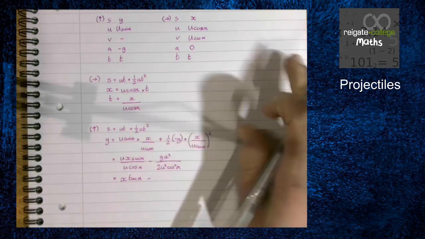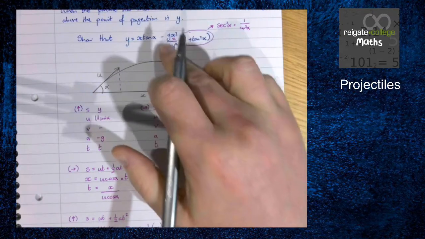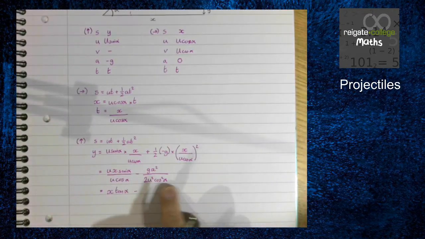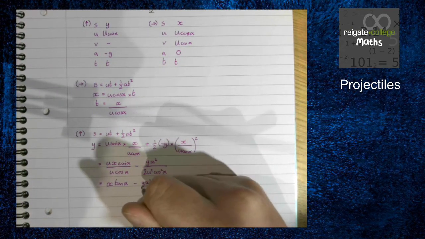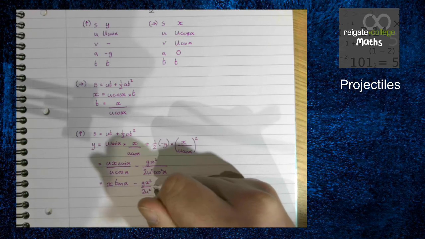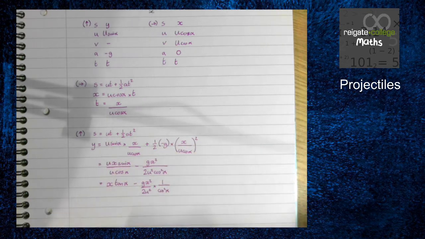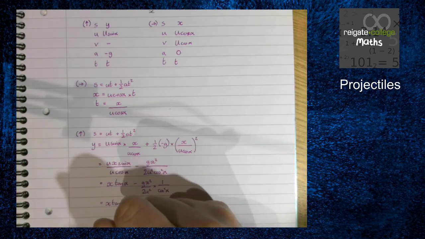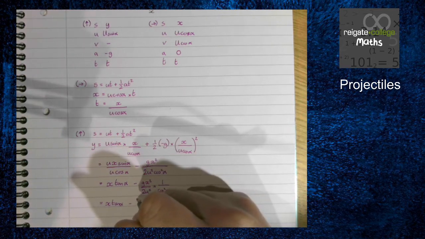Because of the way the answer looks, I'm going to write it with this fraction separate from the 1 over cos squared. As we've said, we know that 1 over cos squared is sec squared.